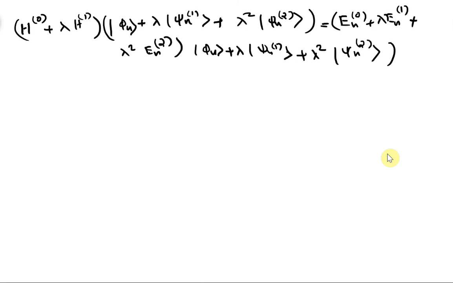Okay, what will happen now here? This h naught is going to act on phi n. That is not having any lambda term, so that's kind of a constant. What we have to do is equate the powers of lambda. On a polynomial, we have seen this kind of thing: if we have on the LHS a power of, let's say, x, that is not going to be equal to the RHS terms of x square or x cube.